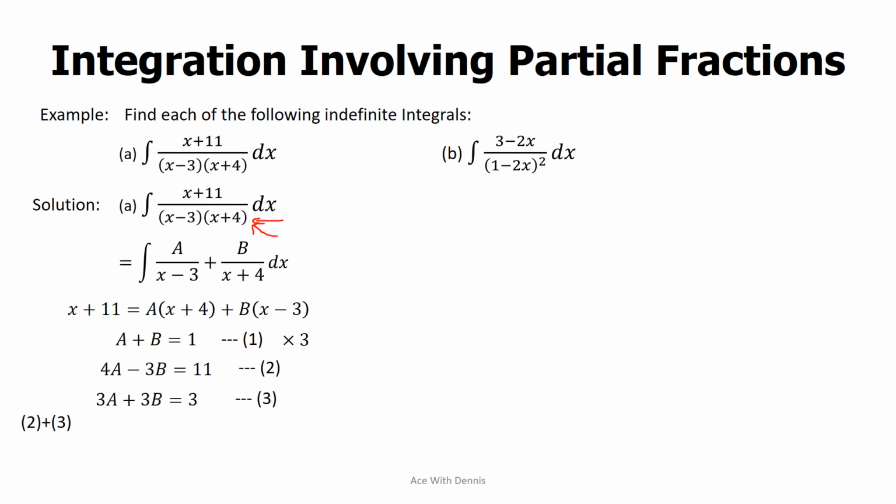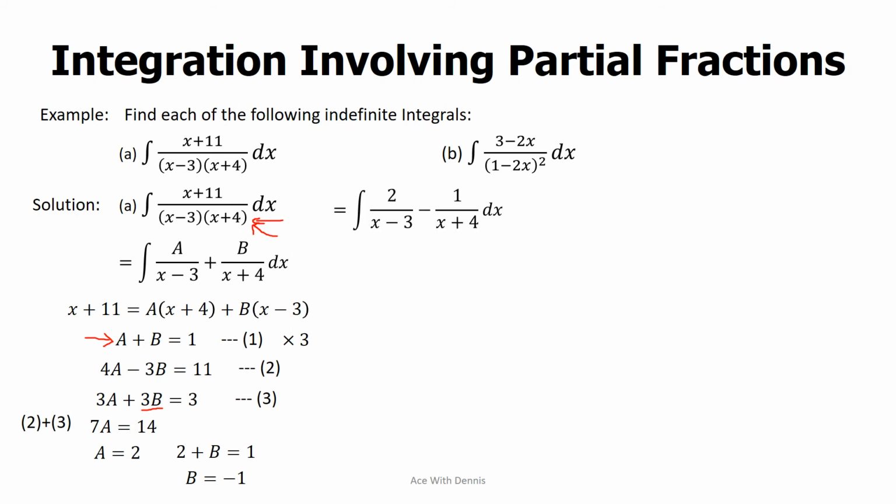And now, equation 2 plus equation 3 gives us 7a equals 14. And the unknown b is eliminated. So, a equals 2. Then, from the first equation, 2 plus b equals 1. Therefore, b equals negative 1.